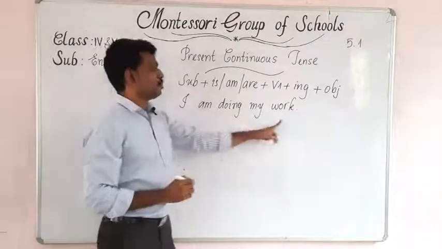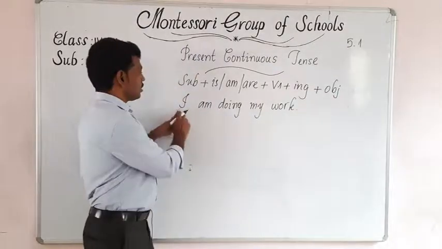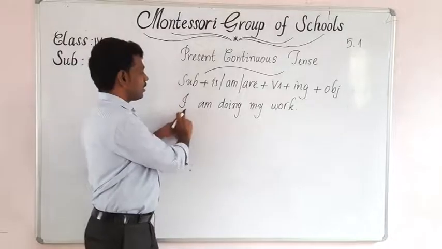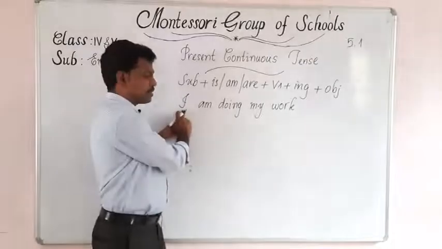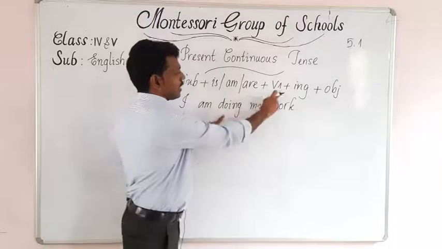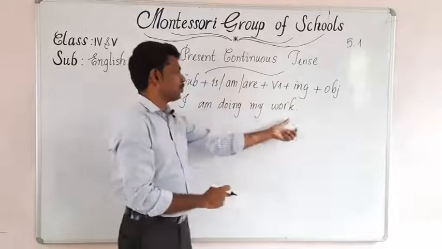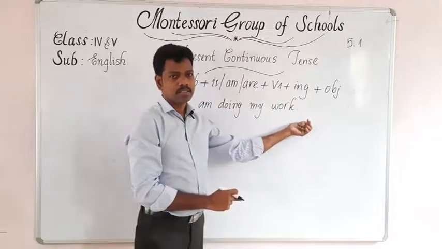Here the subject is I. Since I is first person singular, we have taken am, do plus ing, doing, object, my work. I am doing my work.